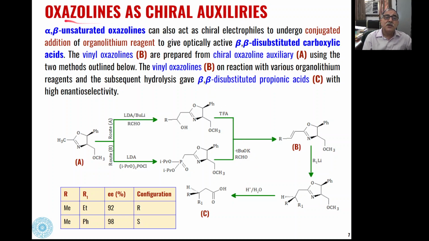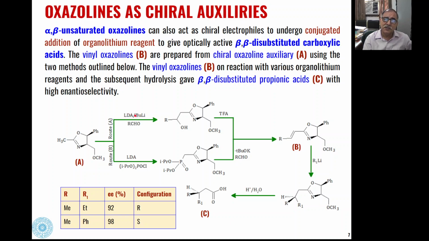Similarly, these oxazoline derivatives can also be used for the synthesis of different types of alkylated carboxylic acids. Here, the alpha beta unsaturated oxazolines are prepared from 2-oxazoline derivatives through two types of reactions.